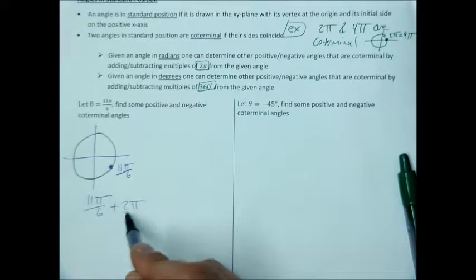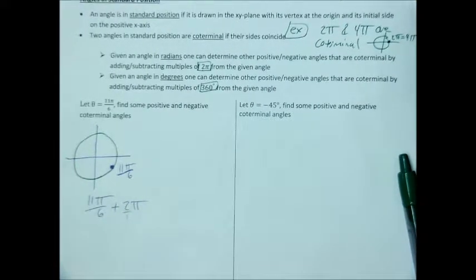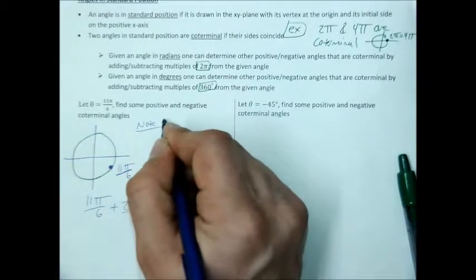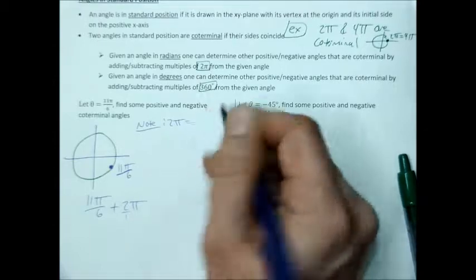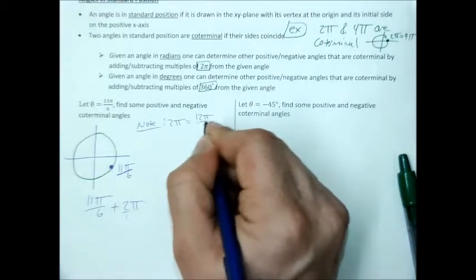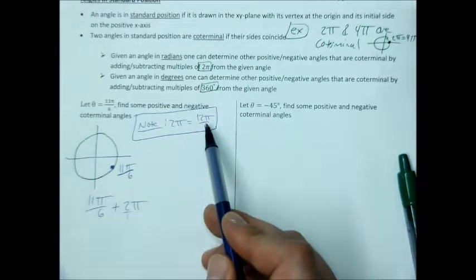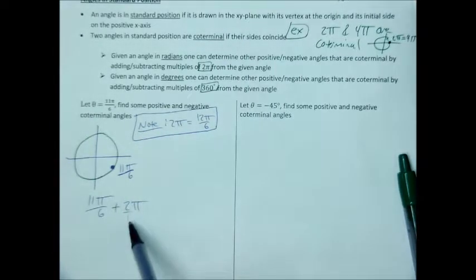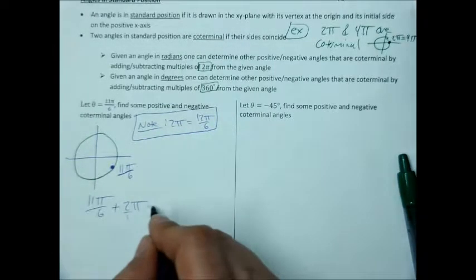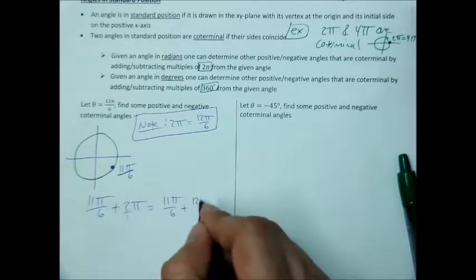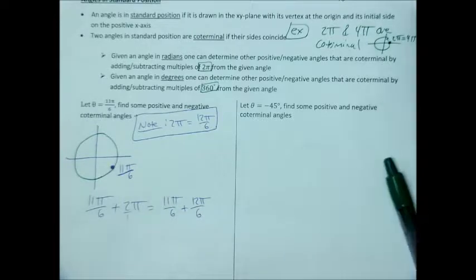This is like 2 over 1 pi. Let me just put a note up here: 2 pi is the same thing as 12 pi over 6. So instead of adding 2 pi, we're going to add 12 pi over 6, because that's going to give us a common denominator. So this is the same thing as 11 pi over 6 plus 12 pi over 6.